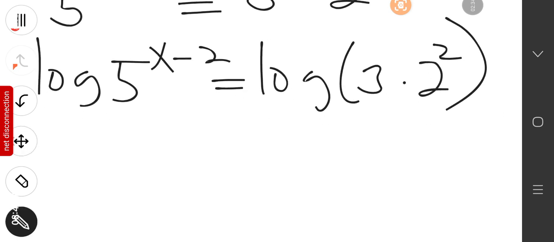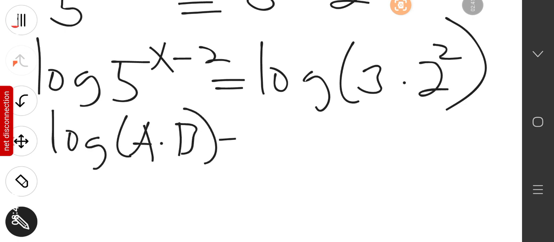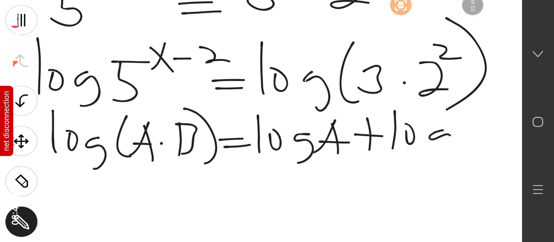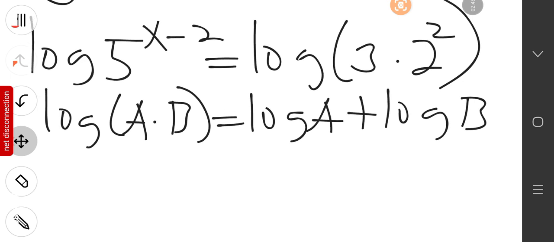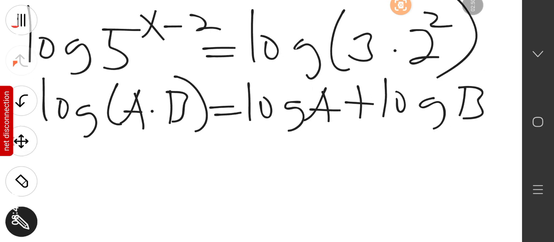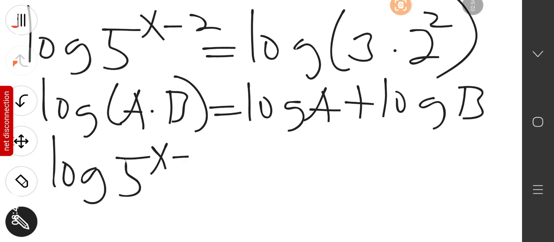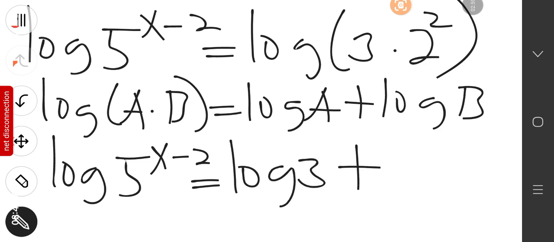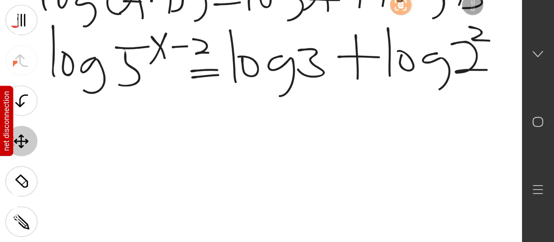Now let's introduce the product law of logarithms. So if you have log a times b, this equals log a plus log b. Now let's apply this to the right part of our equation. Okay, so we have log 5 exponent x minus 2 equals log 3 plus log 2 squared. All right, so the next thing we do is to introduce the logarithm definition.